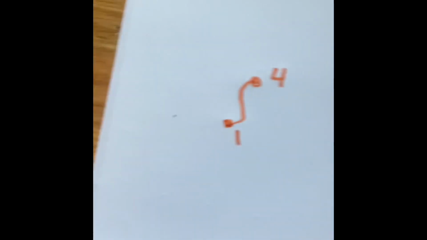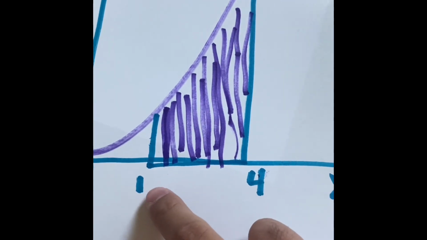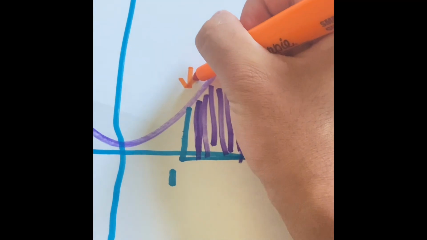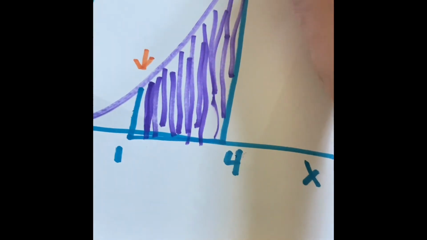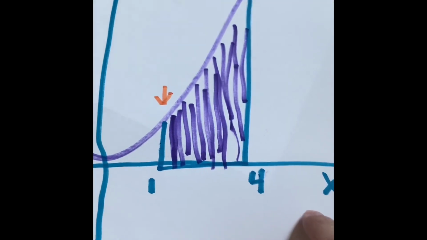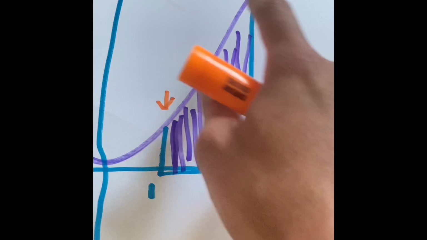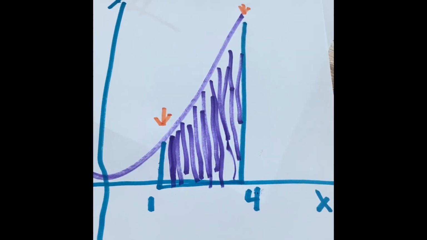Here's an example. By using the integral symbol, it's saying that here is our first boundary, do not cross the line, and here is our second boundary, do not cross the line. You must calculate the area inside here. You can't go out of it or you'll be breaking the boundaries.